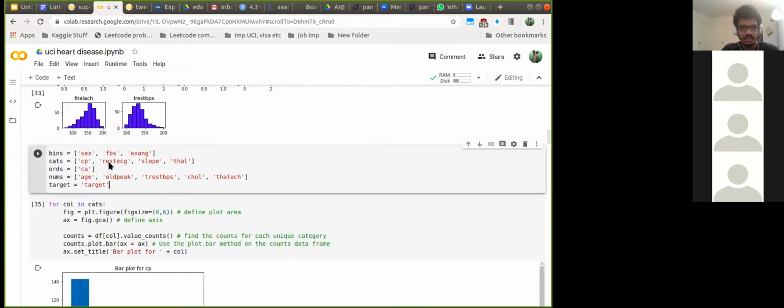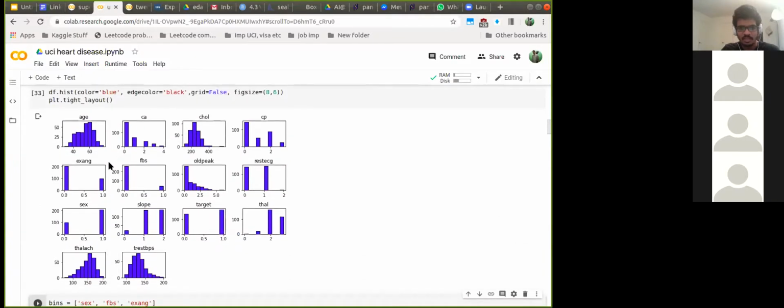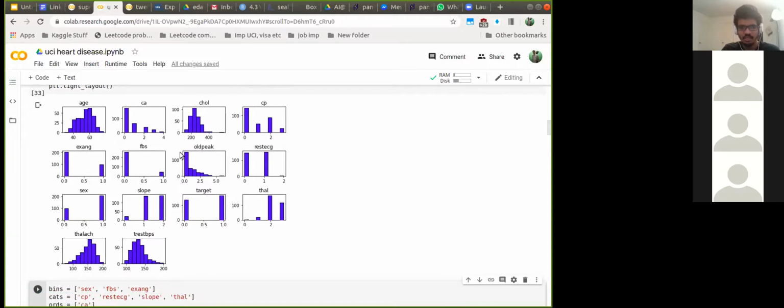Another thing to notice here is this particular feature, oldpeak. These values are quite close to zero in some of the examples, and as we did earlier, a category being closer to zero can dominate a particular part of the model.